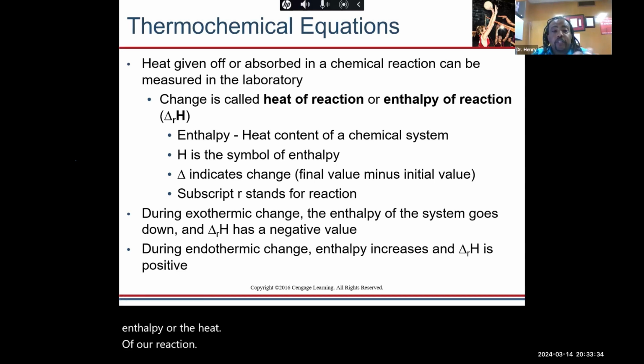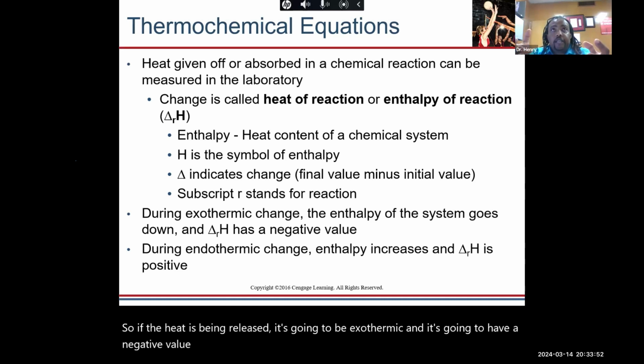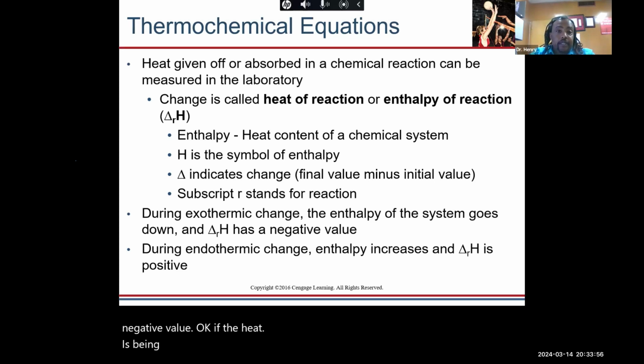So it's going to be part of our reaction. If the heat is being released, it's going to be exothermic and it's going to have a negative value. If the heat is being added, it's going to be endothermic and it's going to have a positive value.